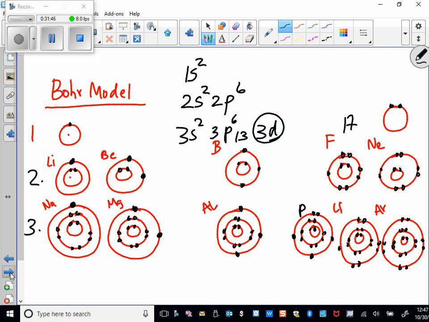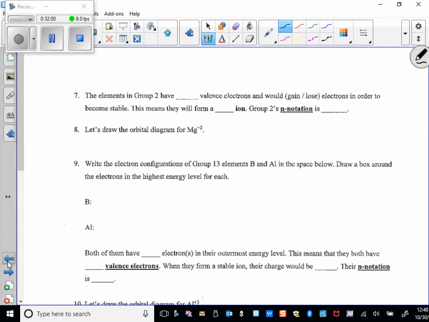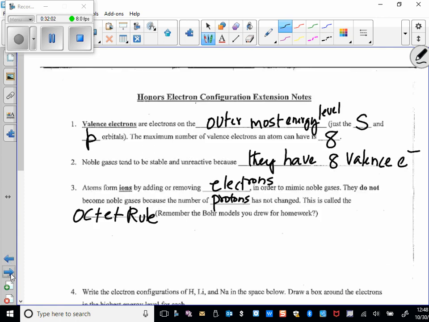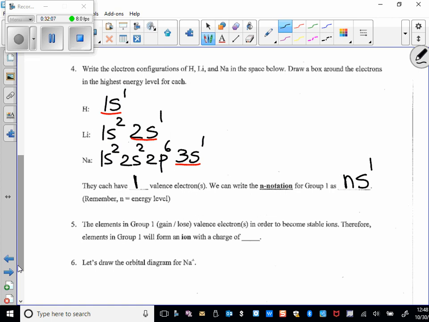So if they lose this 1 electron, this whole shell disappears. Are you with me? So what is on the inside shell now? 8. Does that make sense? So elements in group 1 will lose how many valence electrons in order to become a stable ion.